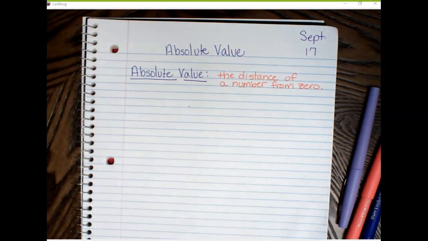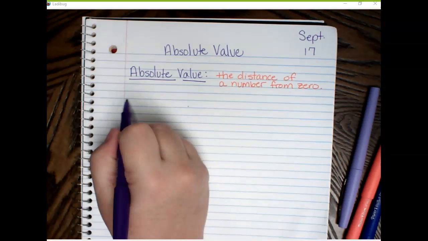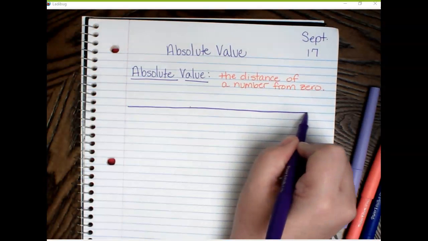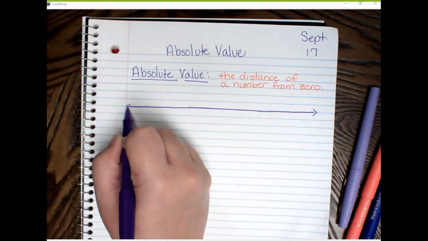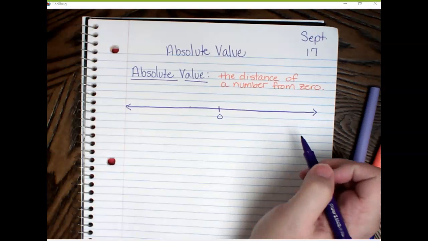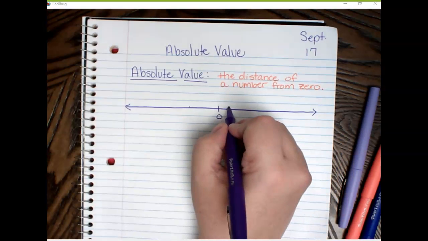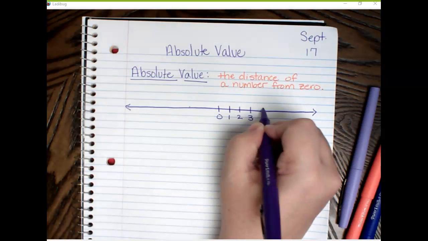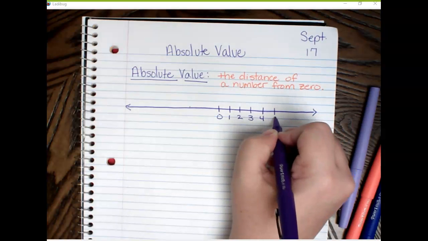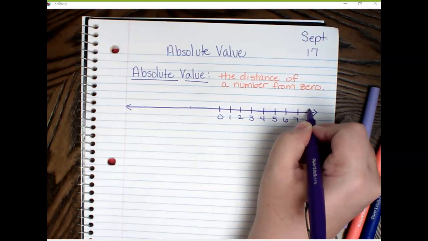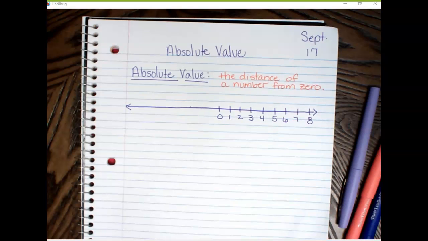So I'm going to draw a big number line here. So are you. Kind of make it go across my page. I'm going to put 0 in the middle. And I think I'm going to get maybe about 8 on the positive side. 1, 2, 3, 4, 5, 6, 7. Yep, I could fit about 8 on that side.